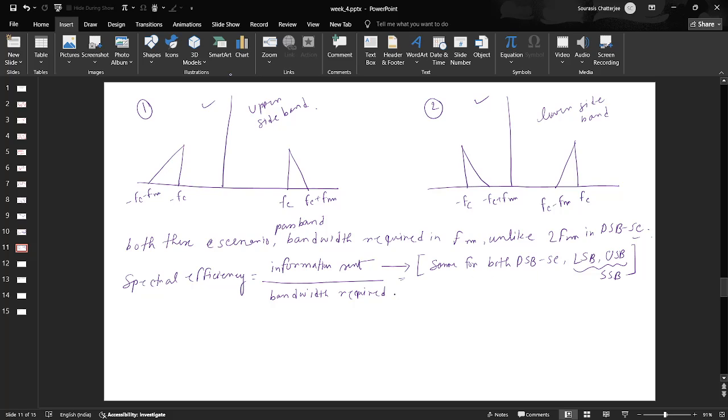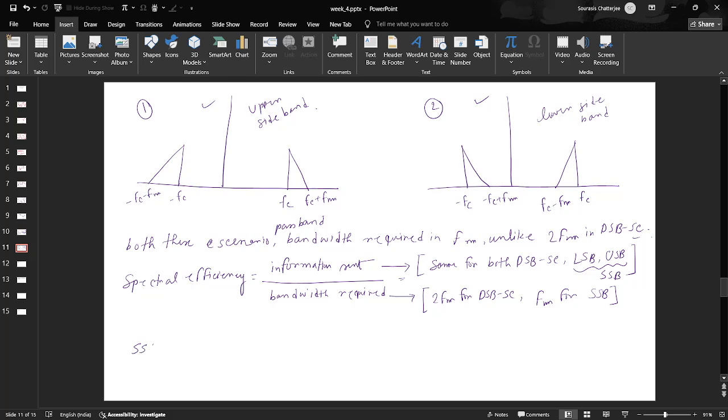The key improvement comes in terms of bandwidth that you are spending. For DSB-SC it's 2 FM, and for SSB it's FM. So you can see information content remains the same, bandwidth requirement is half, so spectral efficiency doubled.